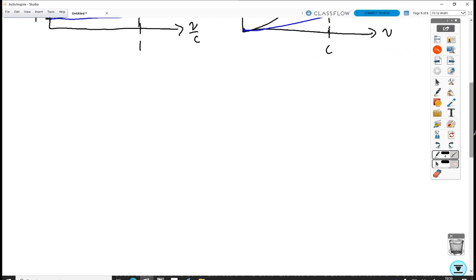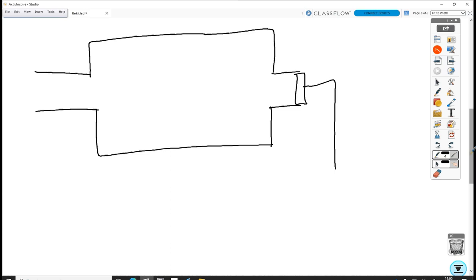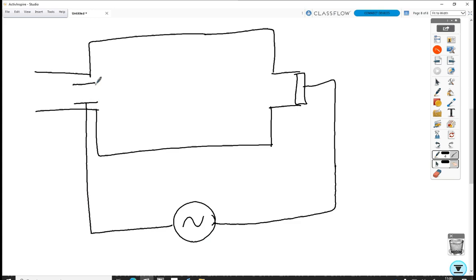So we'll look at Bertozzi's experiment. This is a sketch of something called a linear accelerator.